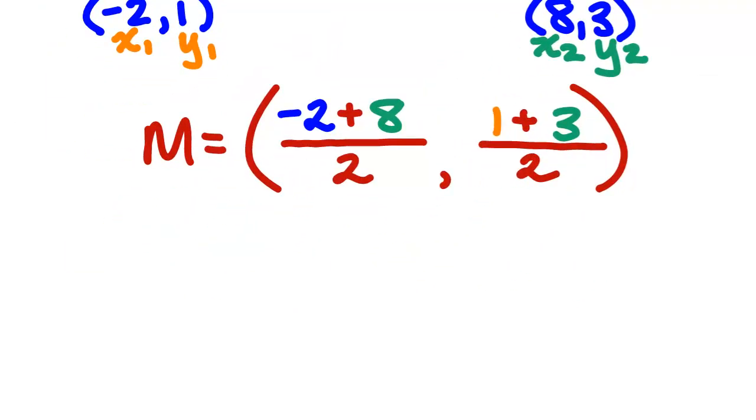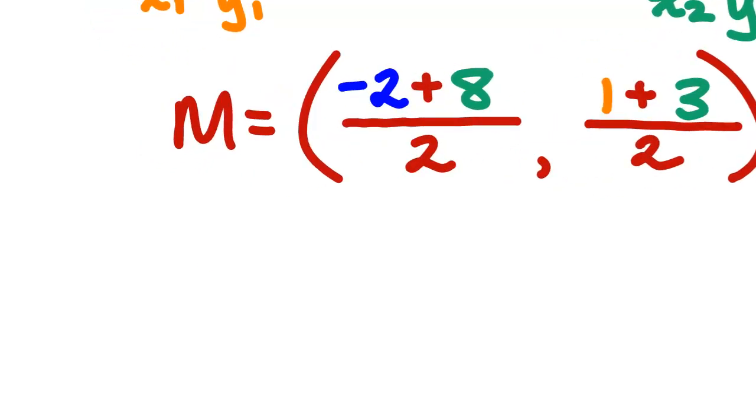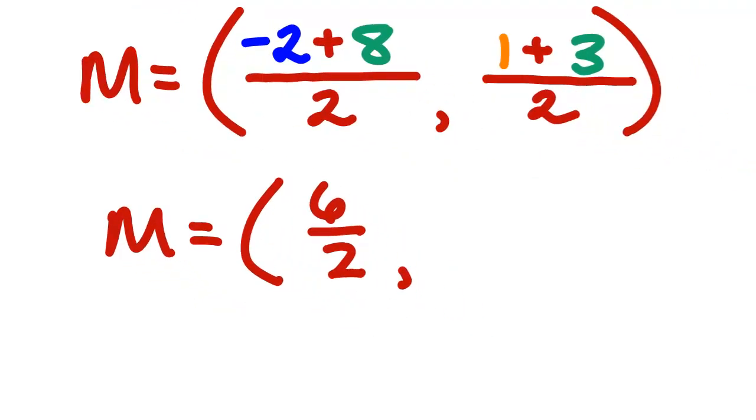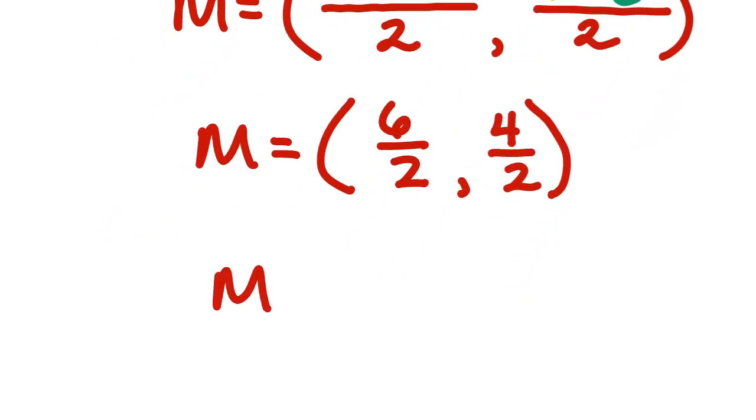What is -2 plus 8? 6. So I have 6 in the numerator and 2 in the denominator for the x part of my ordered pair for my midpoint. And then I have 1 plus 3 on the y part. What is 1 plus 3? 4. I have 4 over 2 for the y part of my ordered pair. And now I'm going to simplify both of those. What is 6 divided by 2? 3.